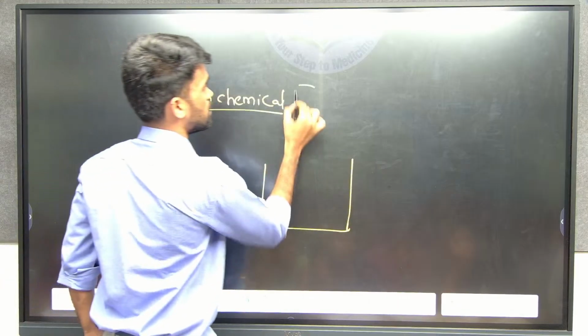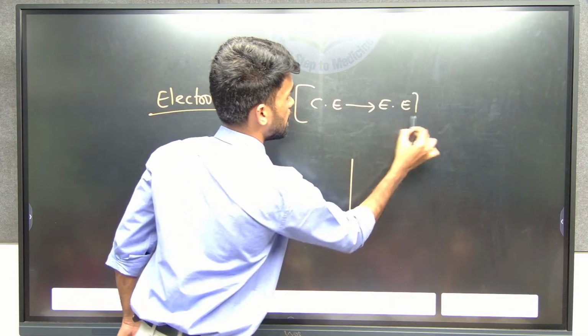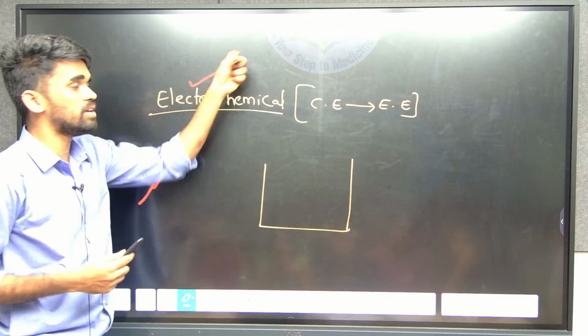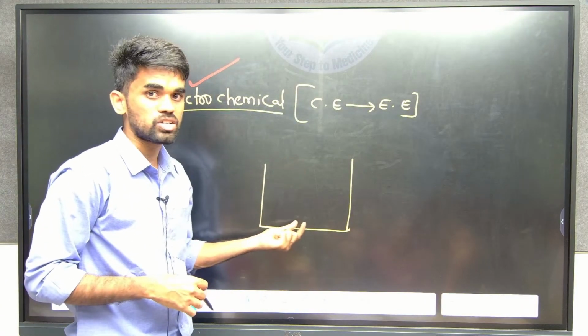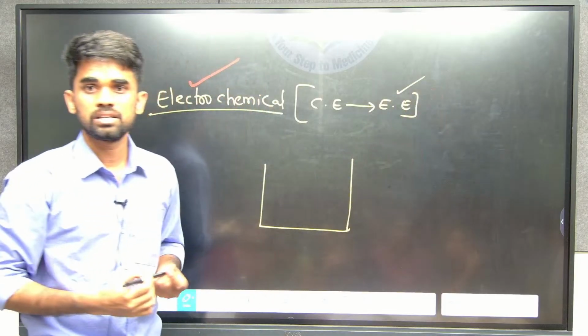Electrochemical cells convert chemical energy to electrical energy. So the Daniell cell or galvanic cell is one example of an electrochemical cell. With the help of a chemical reaction, electrical energy is produced.